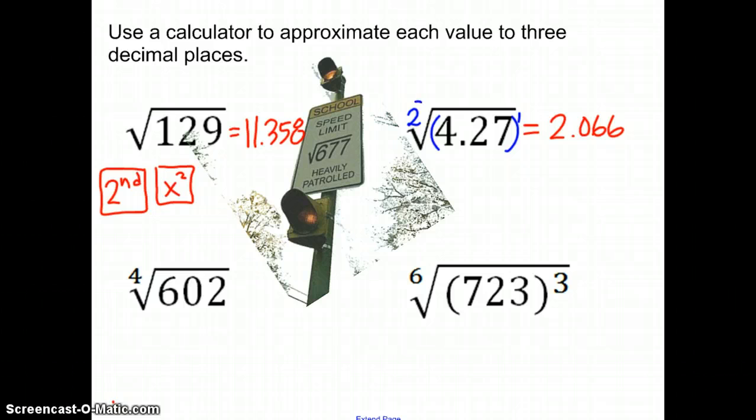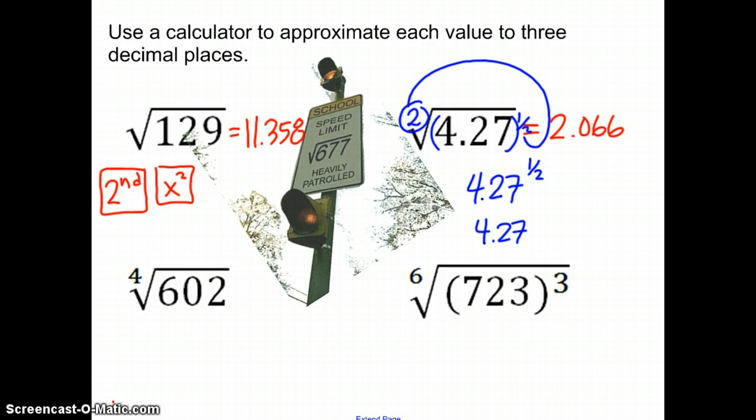Another way to write this is to move that 1 around, and you could write this as 4.27 to the 1/2 power. You can write that in your calculator, 4.27 to the 1 divided by 2. And yes, you do need the parentheses around that fraction. If you hit enter, you find you'll get that same answer, that 2.066.